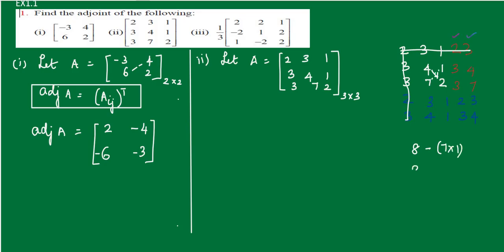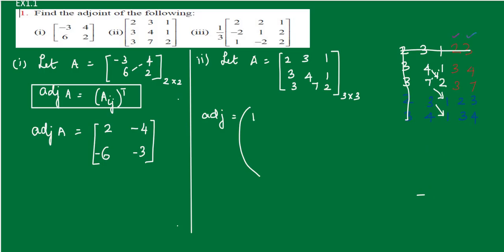So 8 minus 7 is equal to 1. We know that Adj of A is equal to the transpose of the cofactor matrix. So, we simplify column wise and write it row wise since the transpose is taken. So, the first element we get is 1.